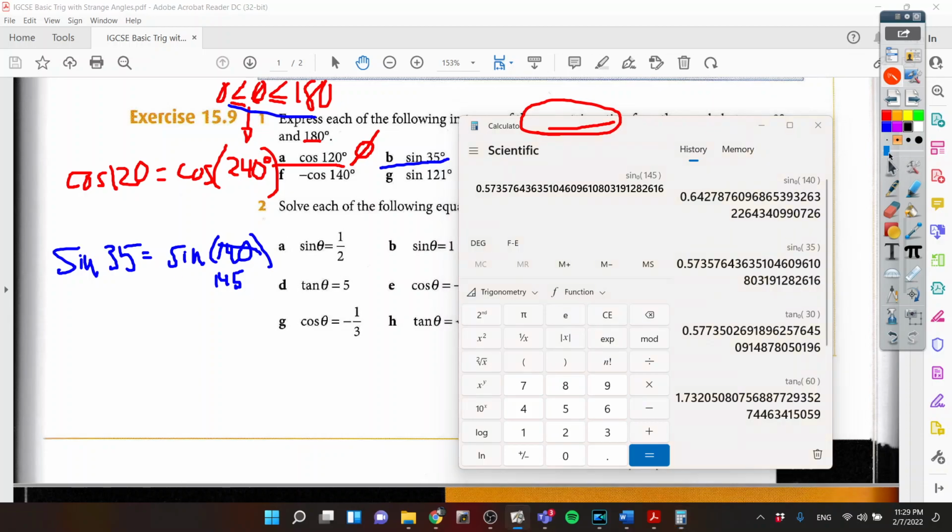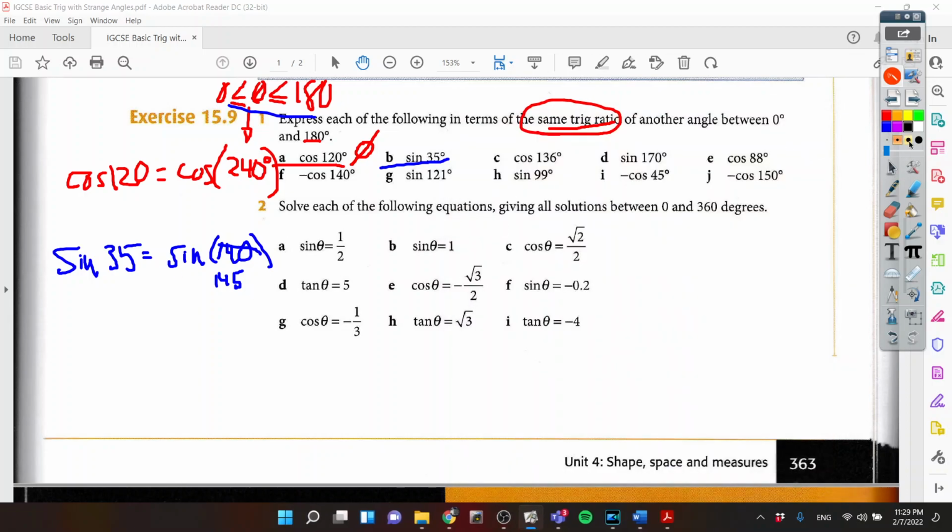Let's do one more just because it feels a little weirder to me. The last one I want to do here is negative cosine of 140. I'm going to look at it like this: first I'll find cosine of 140, then I'll do the negative second.